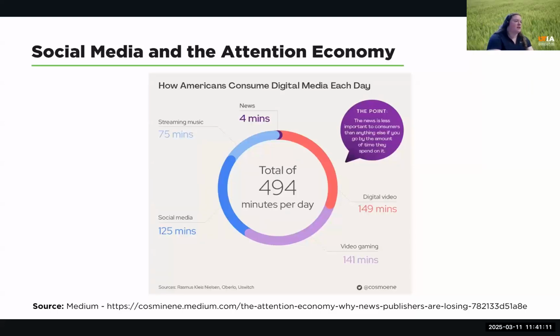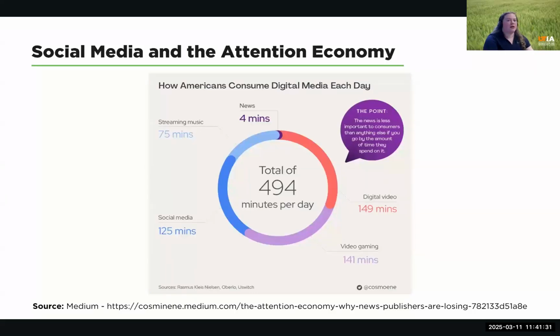This graphic shows that the average American spends about 494 minutes consuming digital media every day, specifically 125 minutes with social media. Now, this graphic is a couple years old, so those numbers may have changed, but you get the general idea.